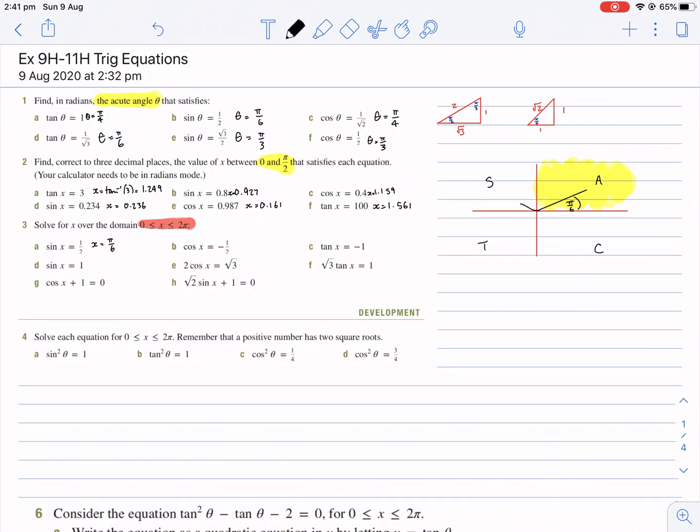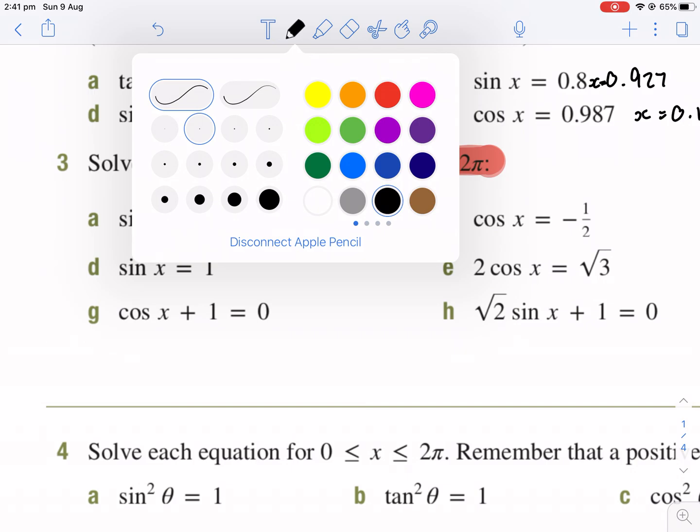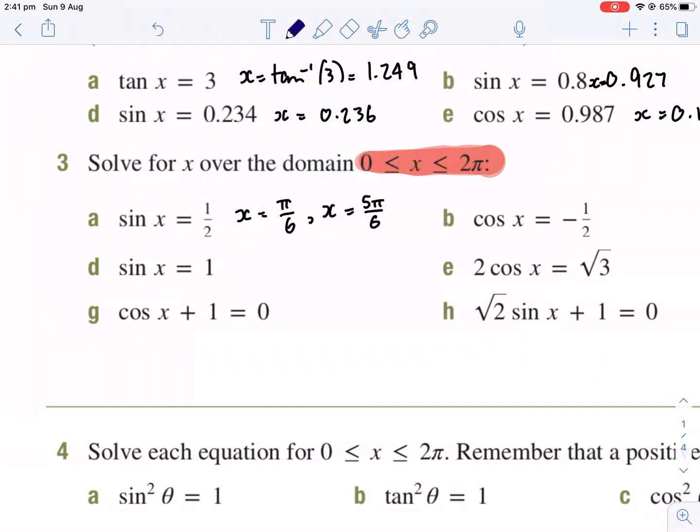But it would have also been positive here, where this is pi on 6, which means we need to do pi minus pi on 6, that's 5 pi on 6. I figured that out because 1 minus 1 sixth is 5 sixths. So that's what I actually put in my calculator. And then I just put pi's with it.